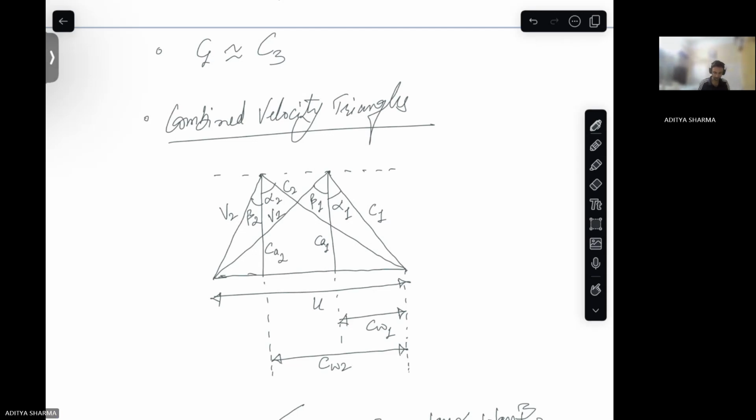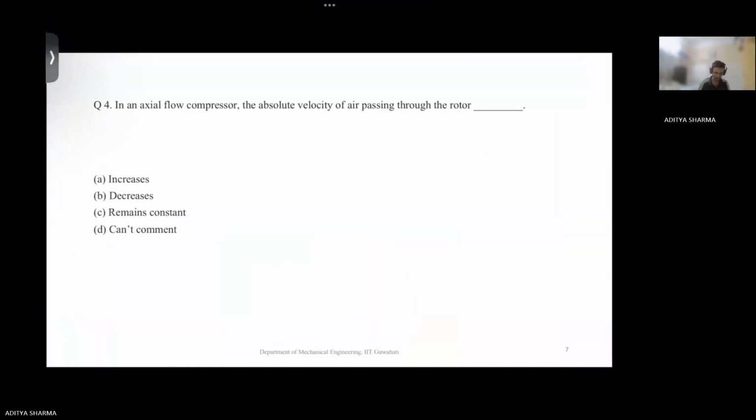Is that correct? So if you are passing through the rotor, what happens to this absolute velocity? It increases. From the combined velocity triangle diagram, you can tell that this is the correct answer to this question.